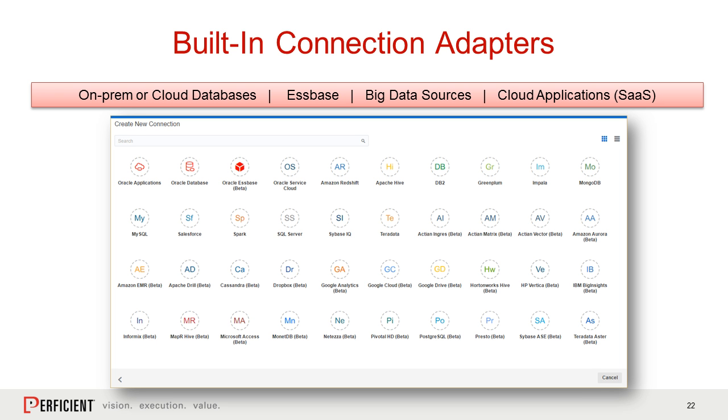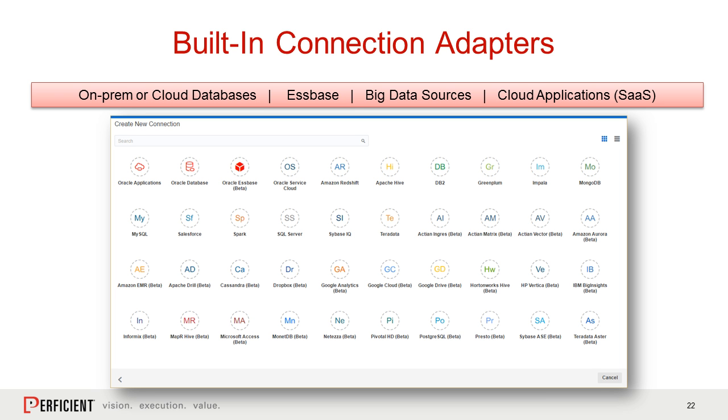So if we look at the first part, which is to create a connection, this is what the wizard looks like in data visualization. You see there's a lot of adapters that are built in. Some of these are on-premise connections to databases that you have within your network. There's also connections to cloud databases or cloud applications such as Salesforce or Oracle cloud applications and non-Oracle applications.